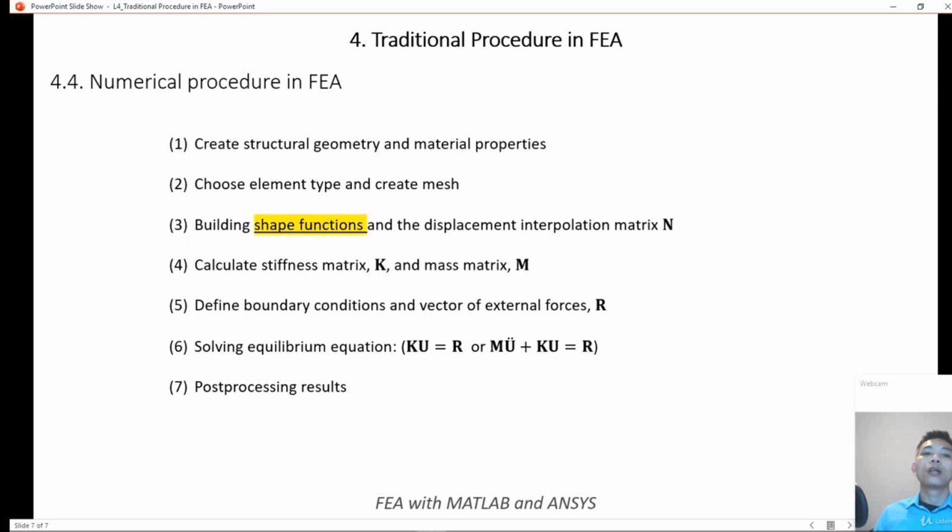So the last one, what is a traditional numerical procedure in finite element analysis? I would say that each person, even when you finish this course, may have their own numerical procedure. It is not really fixed, but here is something I prefer. Consider that one as the recommendation for you, especially in this course, because in this course I will follow that numerical procedure.